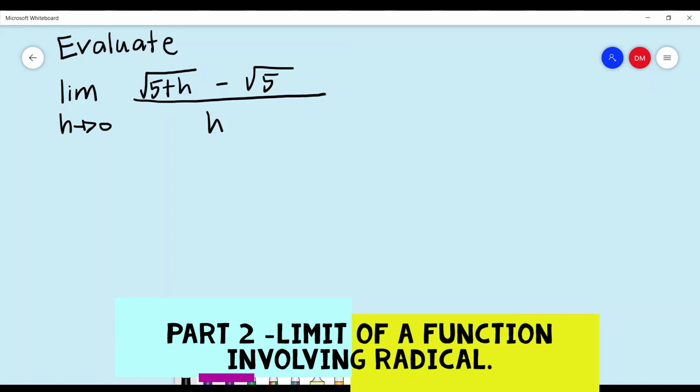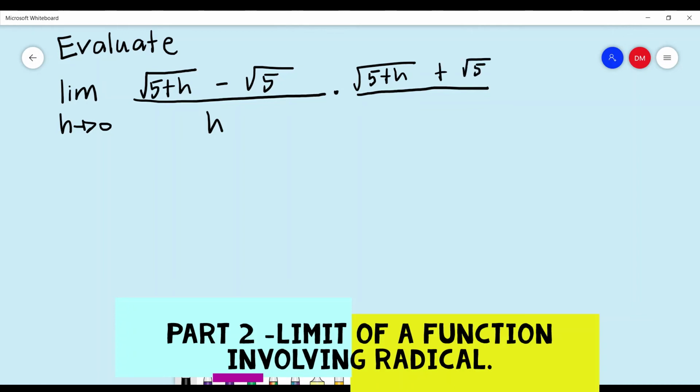Let us discuss how to find the limit of a function involving radical. So in this example, we have the limit of square root of 5 plus h minus square root of 5 all over h as h approaches 0. So first, we are going to multiply the numerator by its conjugate, and that is square root of 5 plus h plus square root of 5.